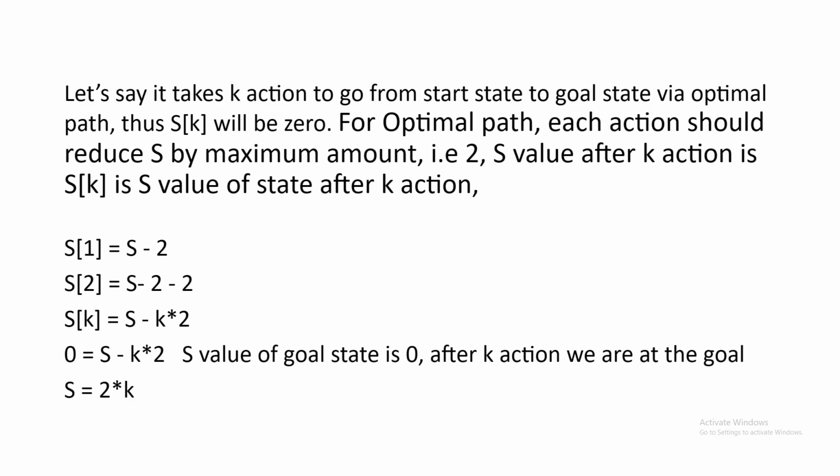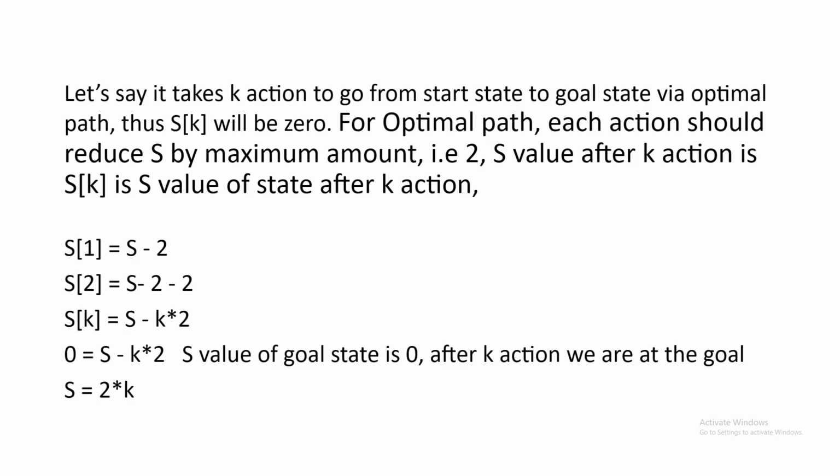So after k actions, Sk is the S value of the state in which we are after k actions. S1 will be S minus 2, because in one action we are reducing S by 2. In two actions we will reduce it by another 2, so S minus 2, minus 2.